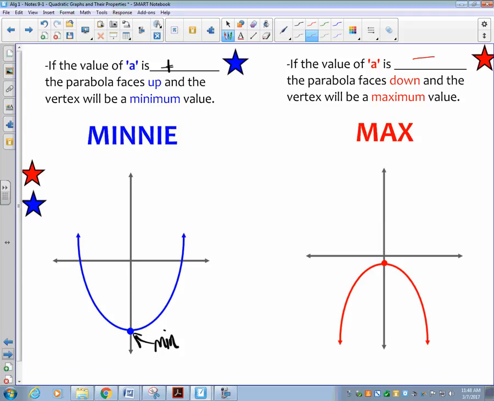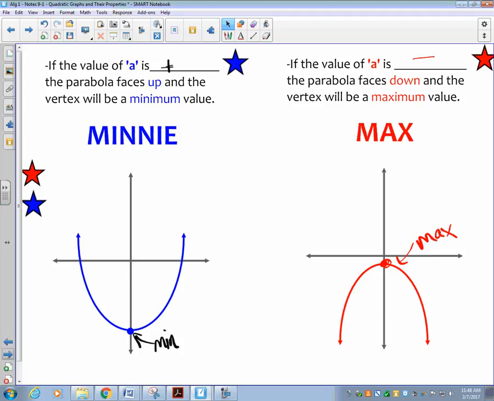The parabola faces down because when you're a negative personality, you've got a frowny face, and so your parabola is also frowny. And if you have a frowny face, the top of your frown is your max. So you'll have a max.